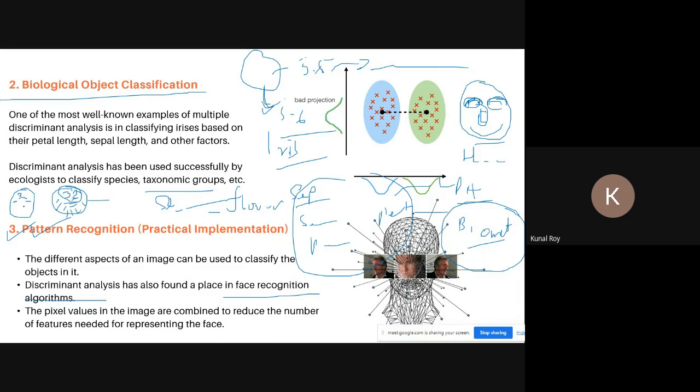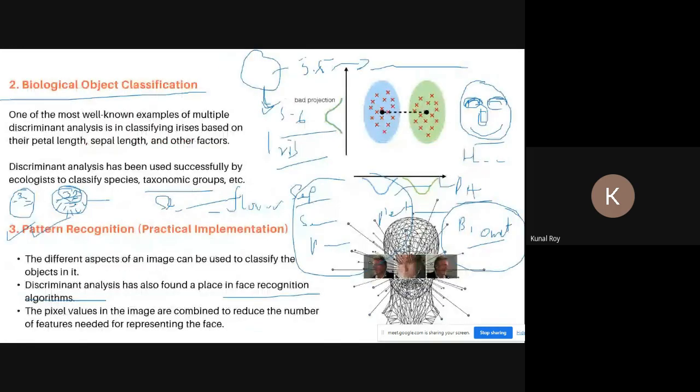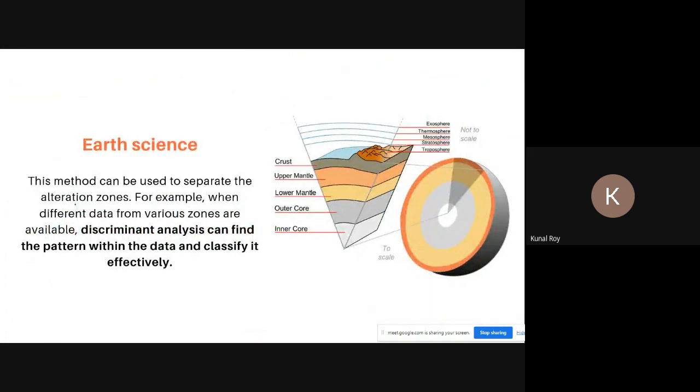So these values, 3 and 3.2, act like independent variables, and then they apply the discriminant analysis and calculate the predicted face of that person. That is why it comes under the category of pattern recognition, that is, face recognition.